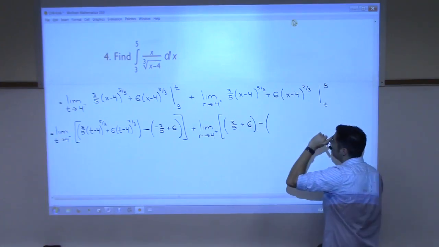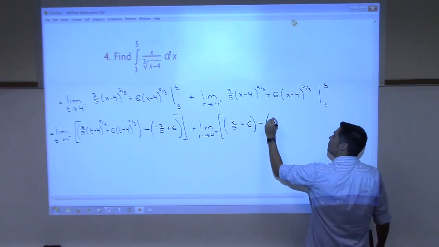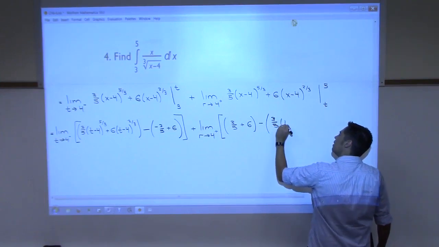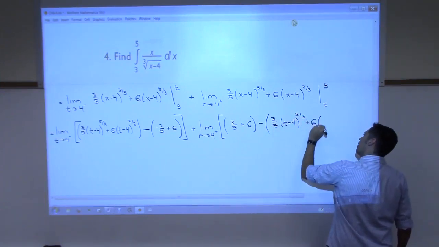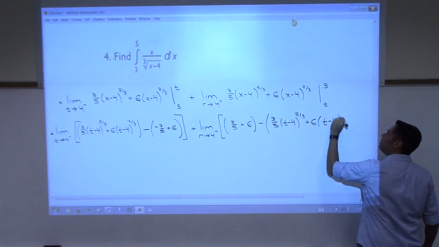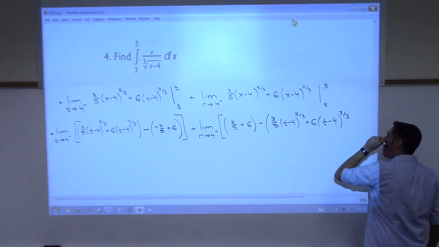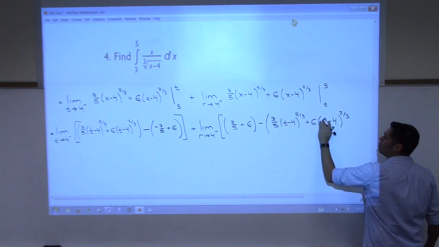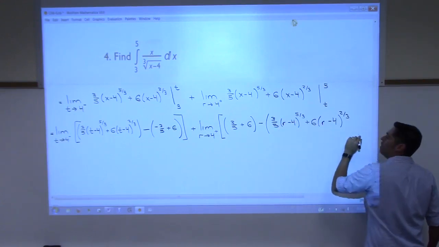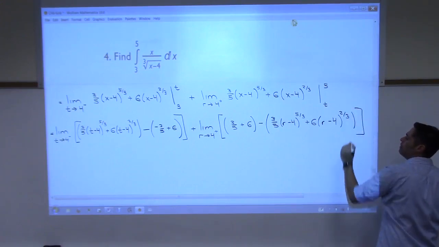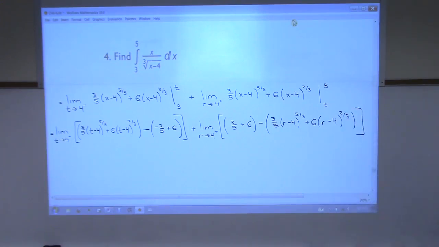Minus, now we plug in r. So 3/5 r minus 4 to the 5/3 plus 6 times r minus 4 to the 2/3. It should be r. Yes, it should be r. Thank you. R. And then close bracket. Those are r's, not t's, because our limits are.